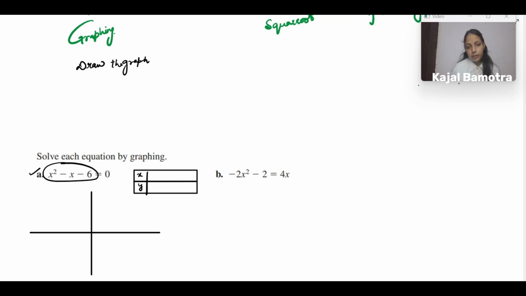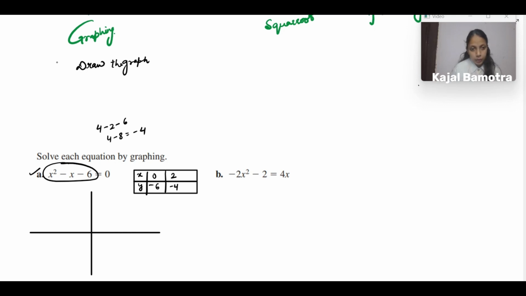If I substitute 0 here, I get negative 6. If I substitute 2, it will be 2 squared, 4, minus 2 minus 6. 4 minus 8 is minus 4.